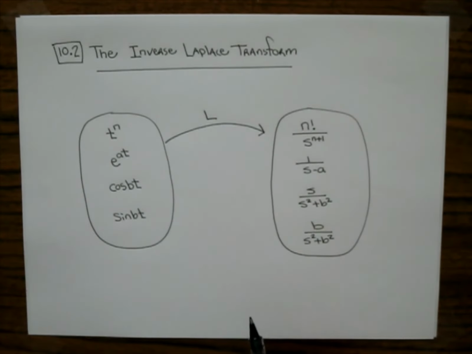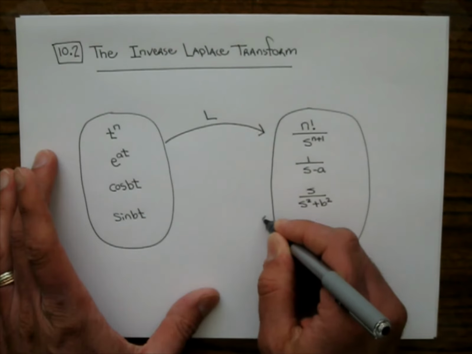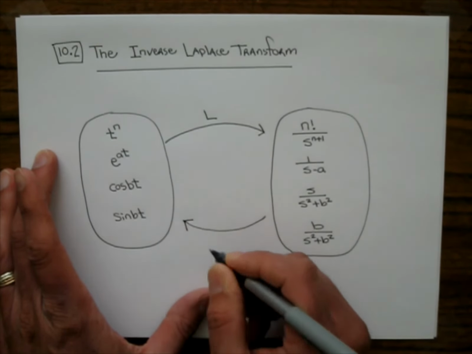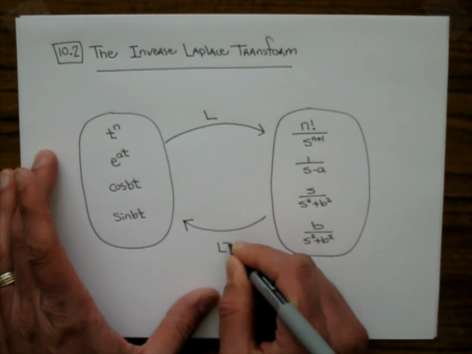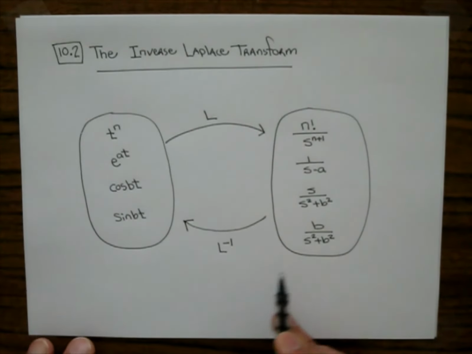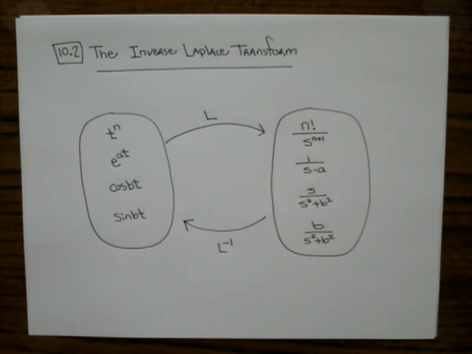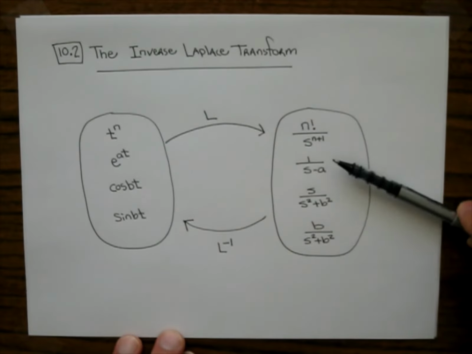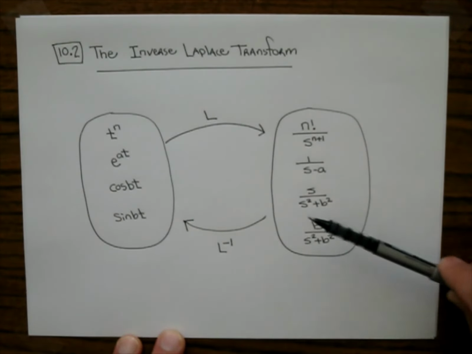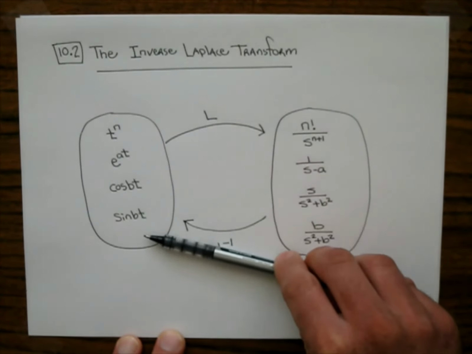Well, it just so happens that with the Laplace transform, you have an inverse transform, L inverse, which takes us back to the land of t. So when we do our homework in this, they'll ask us to find the inverse Laplace transform, and they'll give us things that are in terms of s's, and we're going to bring them back into terms of t's.